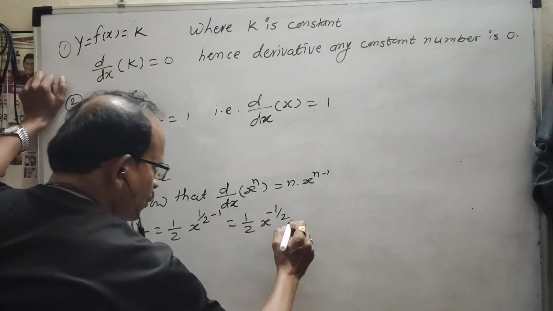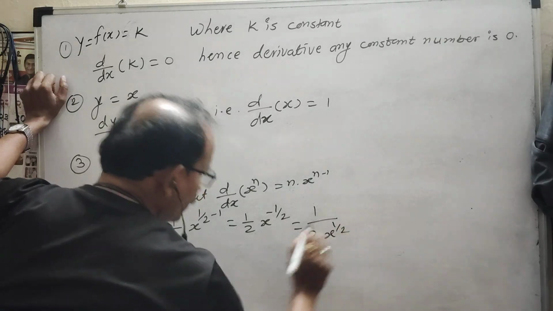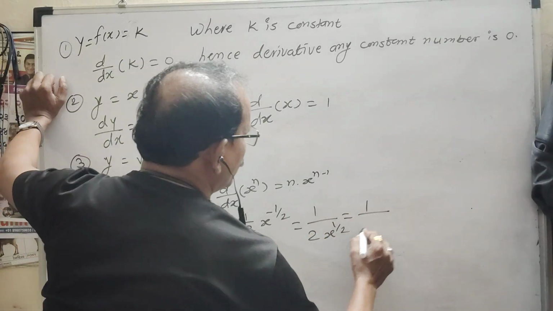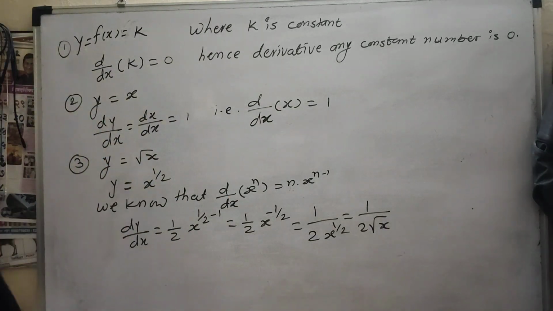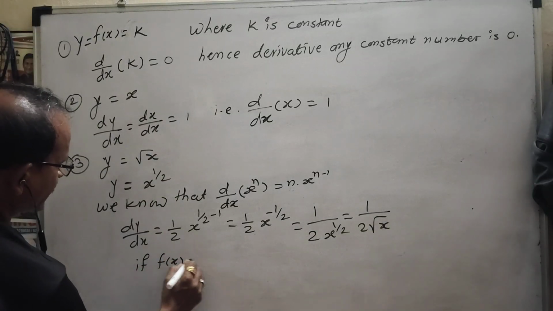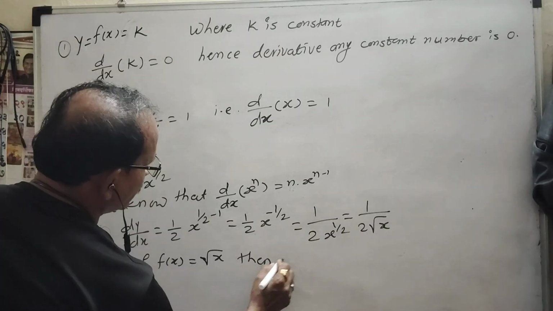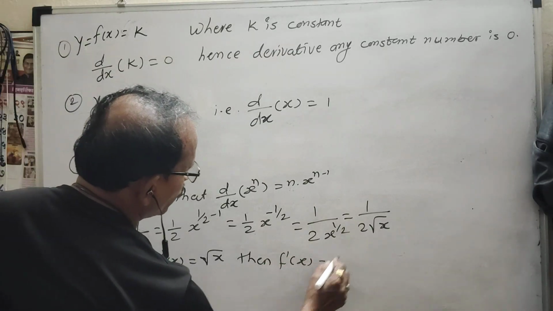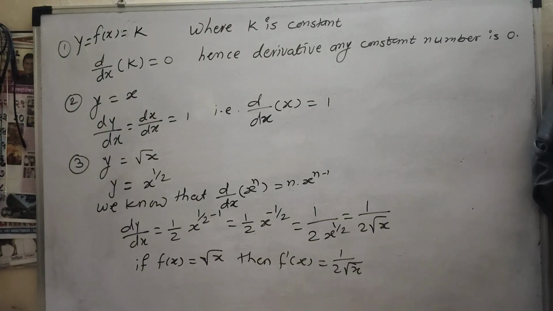Can be written this also, half x raised to 1 by 2, means that is 1 upon 2 root x. It is the derivative of root x. Hence, if f of x is equal to root x, then f dash of x is equal to 1 upon 2 root x. Are you understand बच्चों?